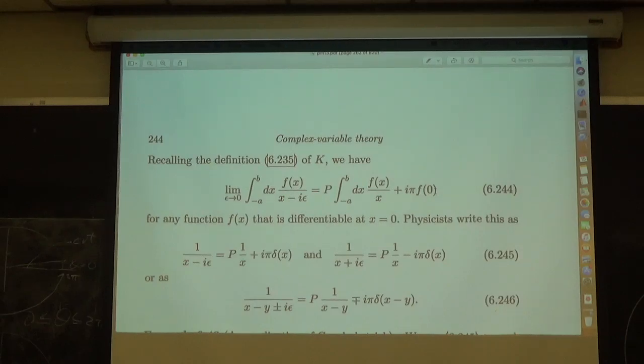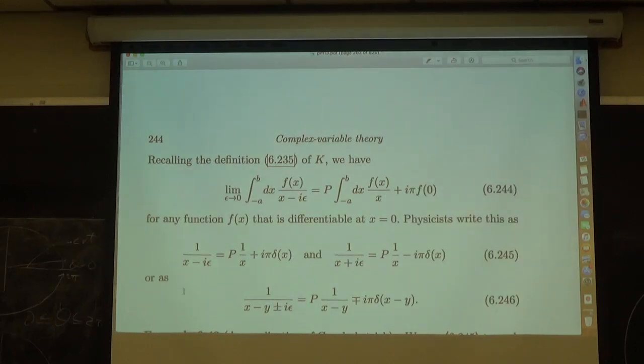And so physicists rewrite this as 1 over x minus i epsilon is the principal part of 1 over x plus i pi delta of x. Because if you substitute in the right-hand side of this expression, you get the right-hand side of 6.244.